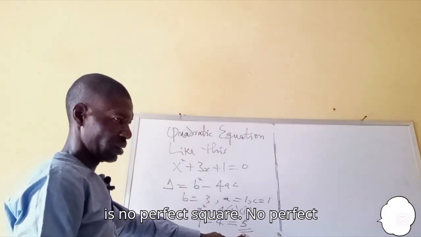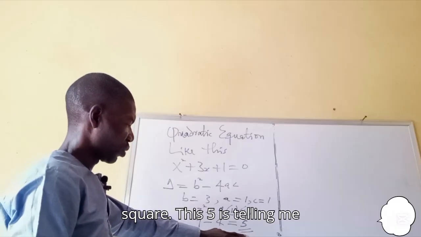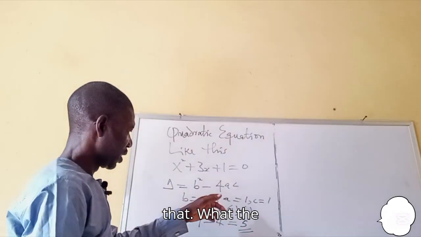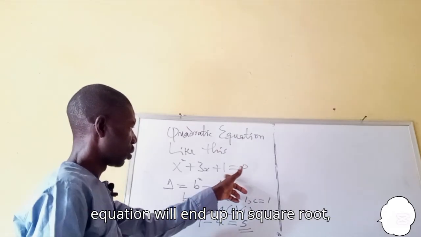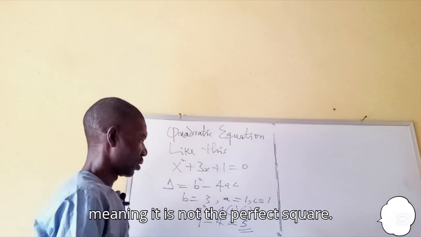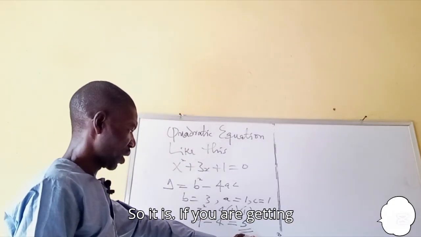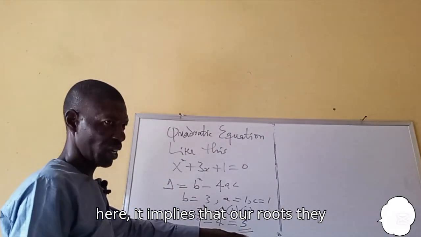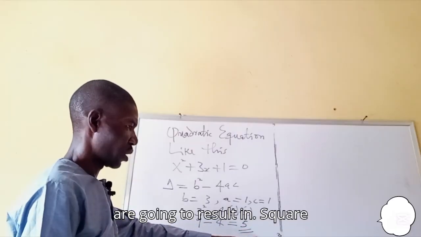This 5 is a non-perfect square. This 5 is telling me that the root of this equation will end up in a square root, meaning it is not a perfect square. So if you get a non-perfect square as the discriminant, it implies that our roots are going to result in a square root.